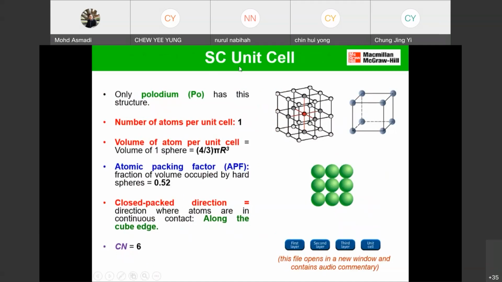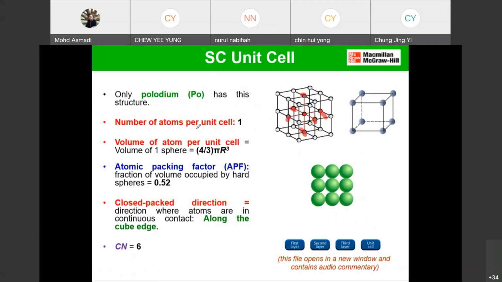For the simple cubic unit cell, only polonium has this structure. The number of atoms per unit cell is equal to 1. The coordination number of course is 6, attached to 6 neighbors: 1, 2, 3, 4, 5, 6.